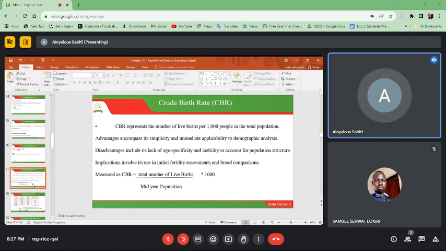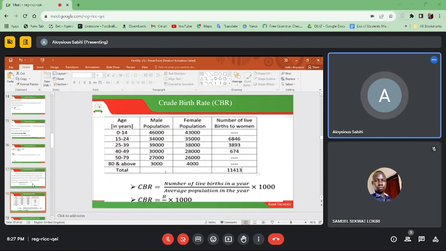So its use is for initial fertility assessment and broad comparisons, meaning a baseline at the beginning. Because it does not look at age specifically, it is a generalized measure.